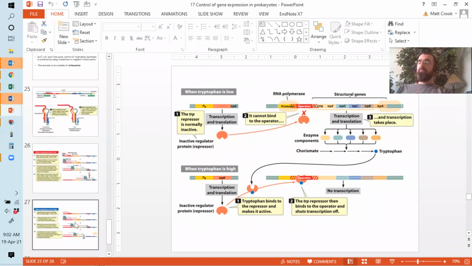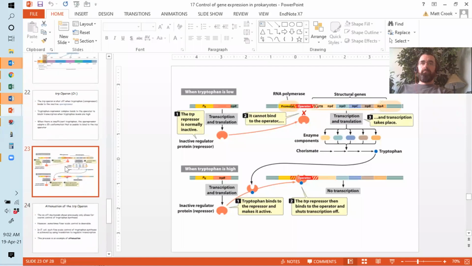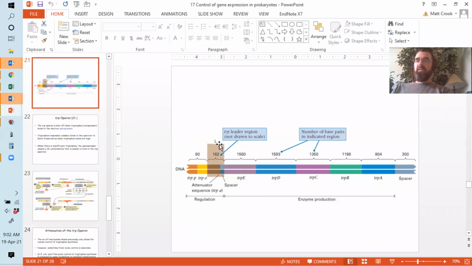The real tricky bit is attenuation, and this is all about the leader sequence, which is, it's not very well put, but it's about here, right? This is a better diagram for that, right? This leader sequence here, right?